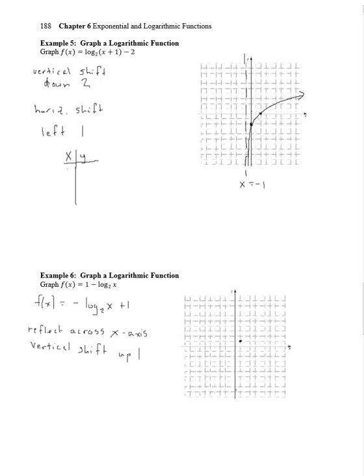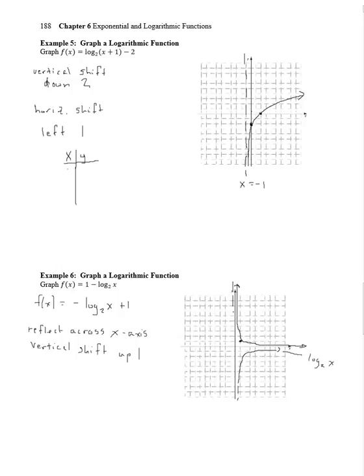And before, our function went sort of like this, so when we reflect it, it's going to come down. So this one is log base 2 of x, and when we reflect it and shift it up 1, it goes like that.